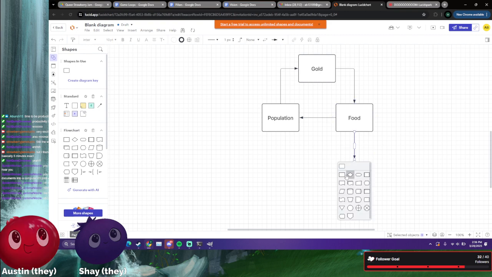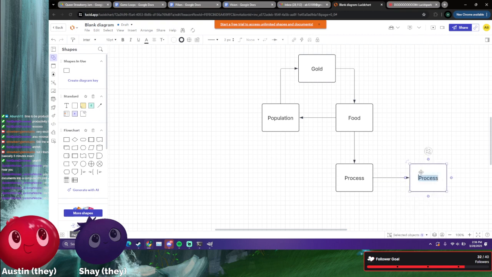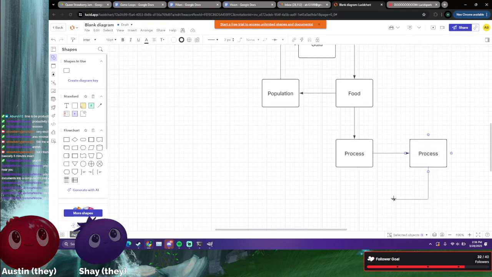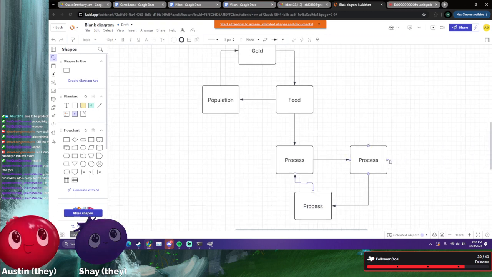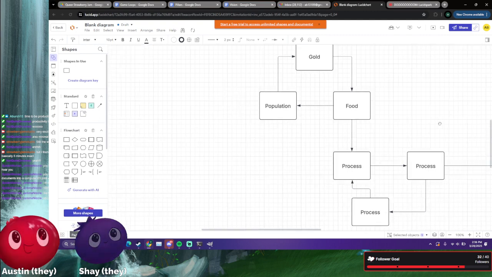Another thing is, say we have this loop, and then I'm not going to fill in these things, but say food also branches out to another loop over here, separate, and then this goes over here to our victory points, what you need to win the game.